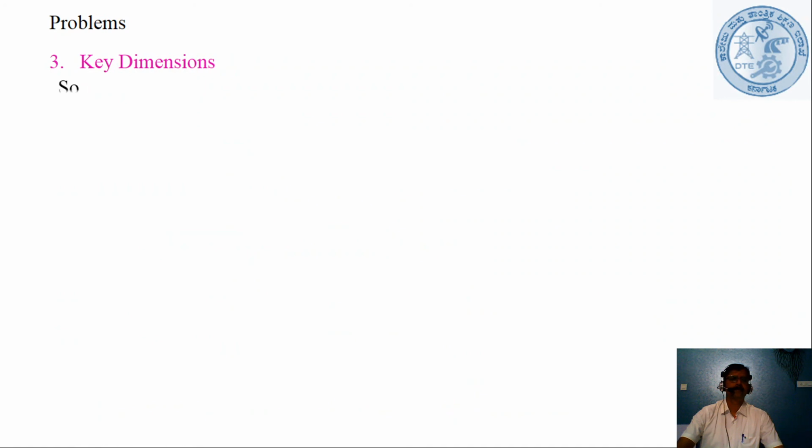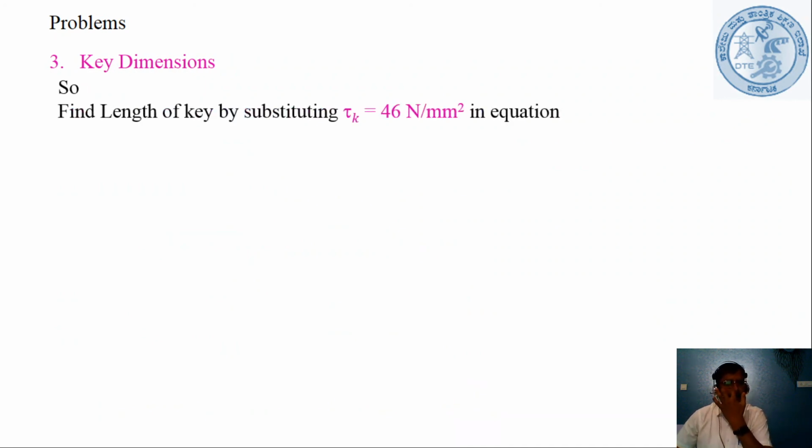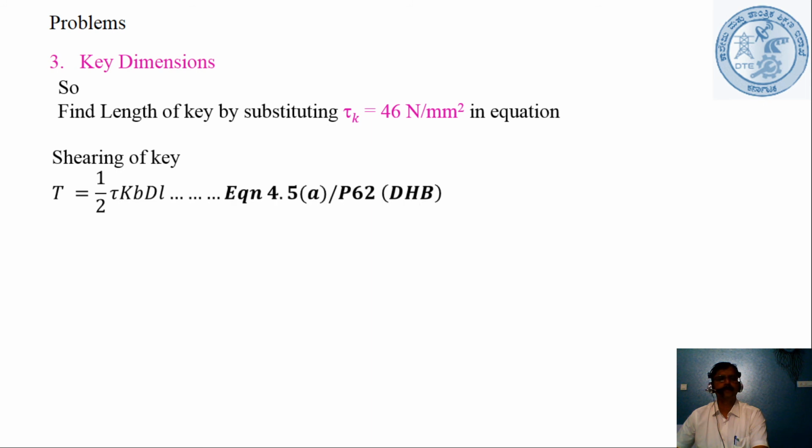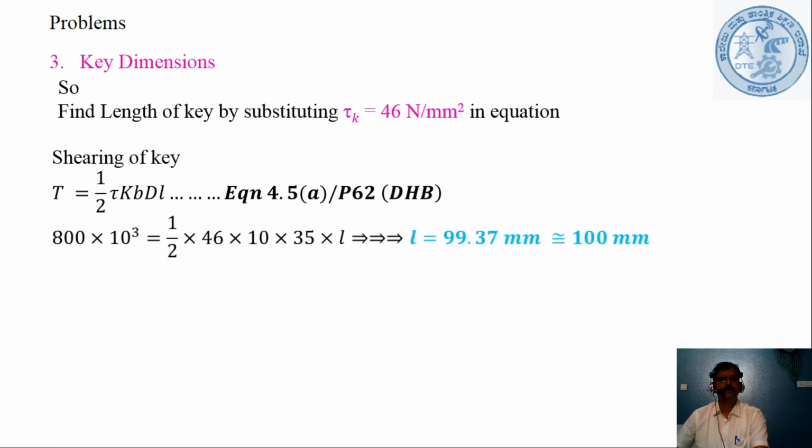So find the length of the key by substituting the allowable shear stress of the key in the equation for shearing of the key, equation number 4.5a, page number 62. Now substitute the values here and find the length of the key. The length of the key is equal to 100 millimeter.